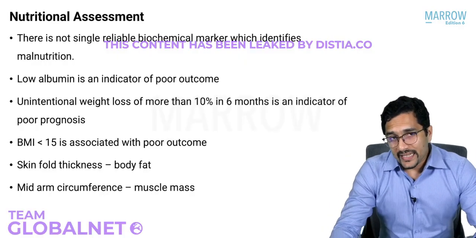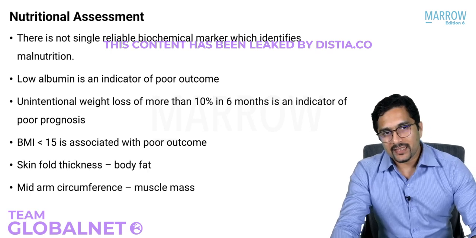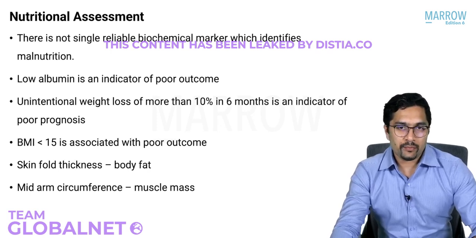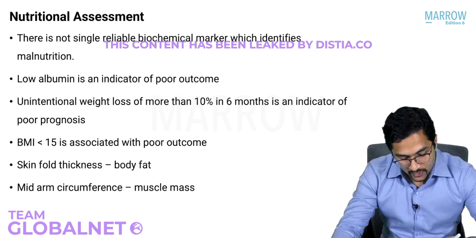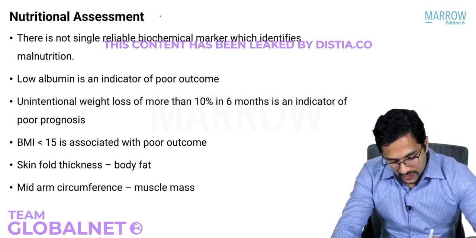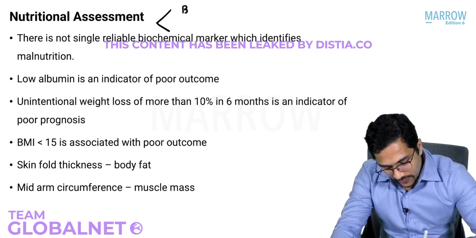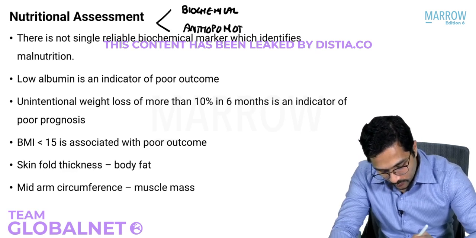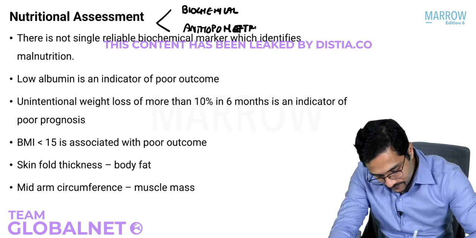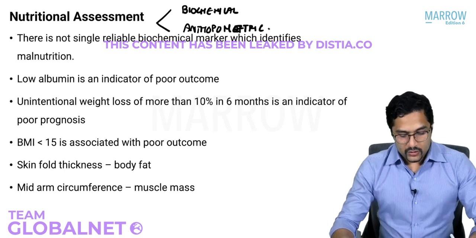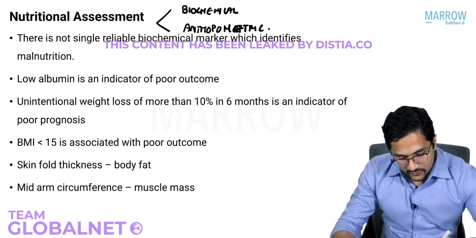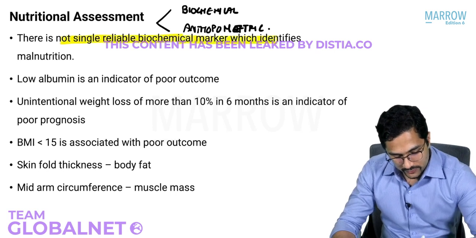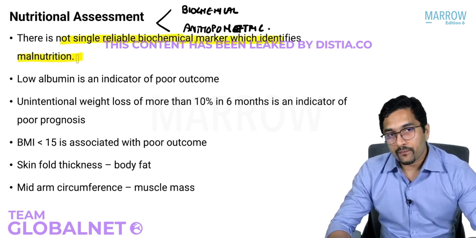Now, these are direct lines out of Bailey and the latest Sebastian, and each line is a potential question for your exam. When we are doing nutritional assessment, it can either be biochemical assessment or anthropometric assessment. You need to know that there is no single reliable biochemical marker which identifies malnutrition.